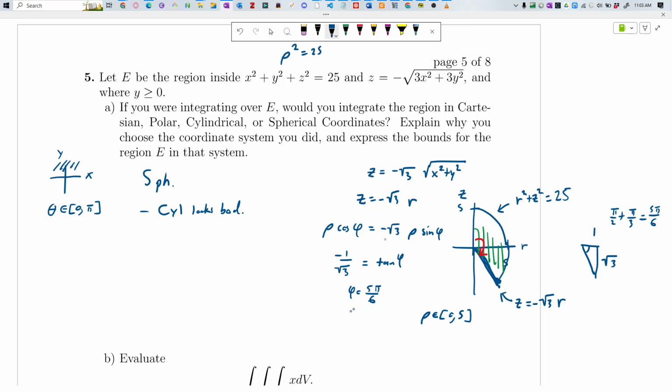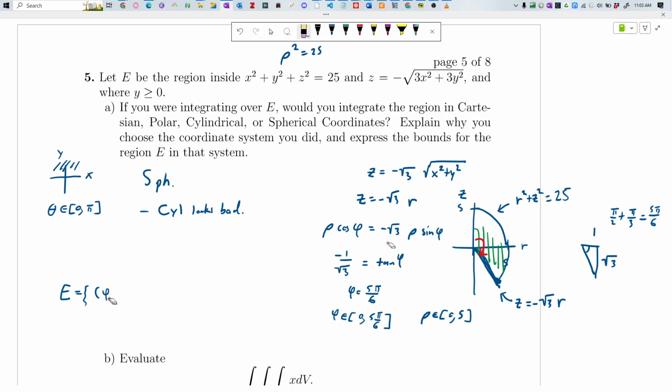So this has given me bounds for phi. Phi ranges from 0 to 5 pi over 6. So in total, this region is a spherical box. To express E, we'll use set builder notation.